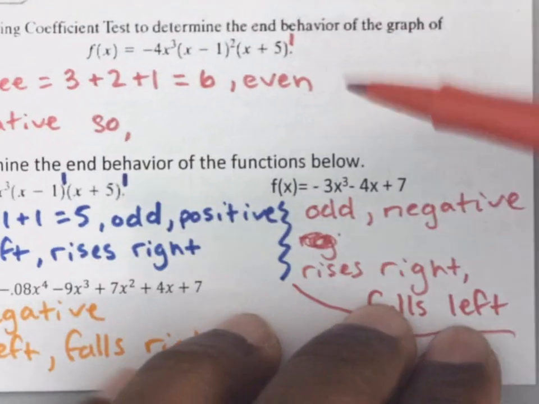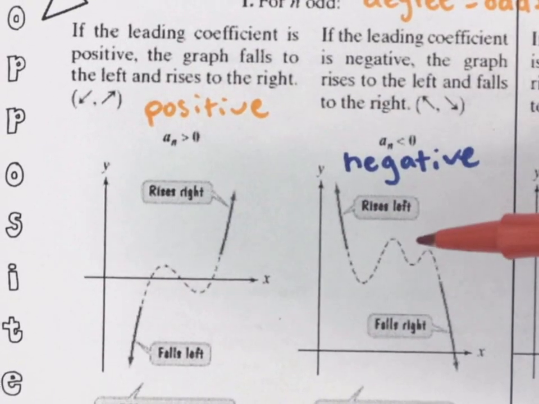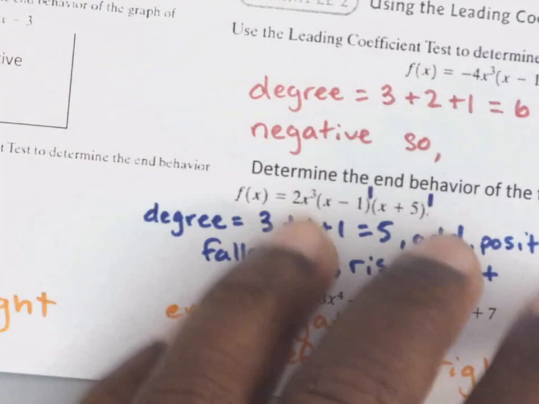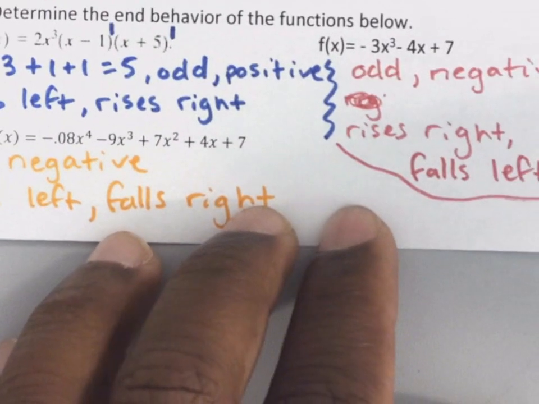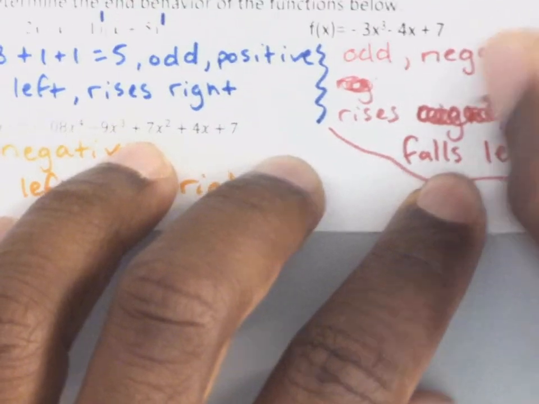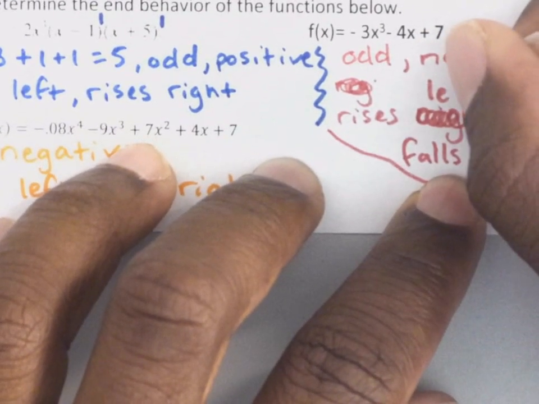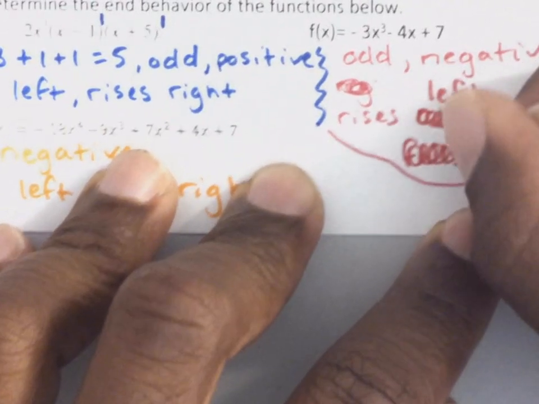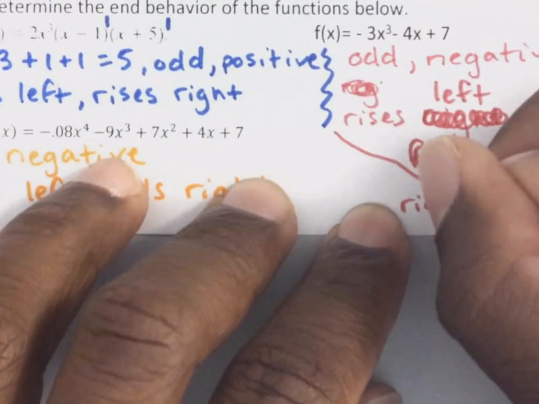Hold on. So it's odd and it's negative. Odd, negative, rises to the left, falls to the right. That is correct. Why am I backwards today?